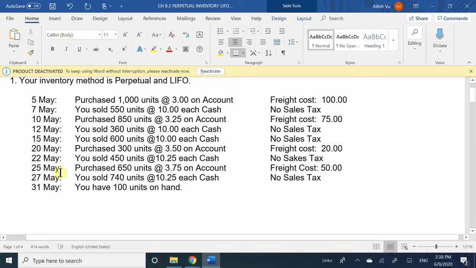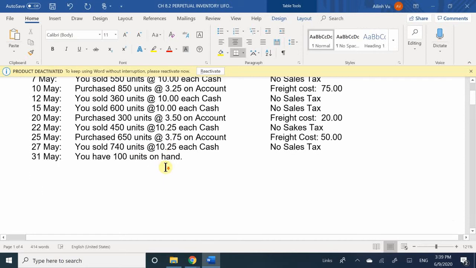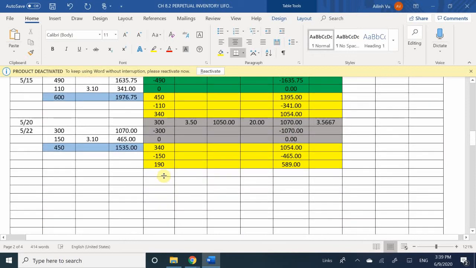Yeah, so we don't even have enough to sell the 740. We have 650 left, right? We need to add our 650 into our inventory because we only have 190 left. Yes. So 650 at 3.75, freight cost is going to be $50. Yes. So let's go ahead and add this batch in.